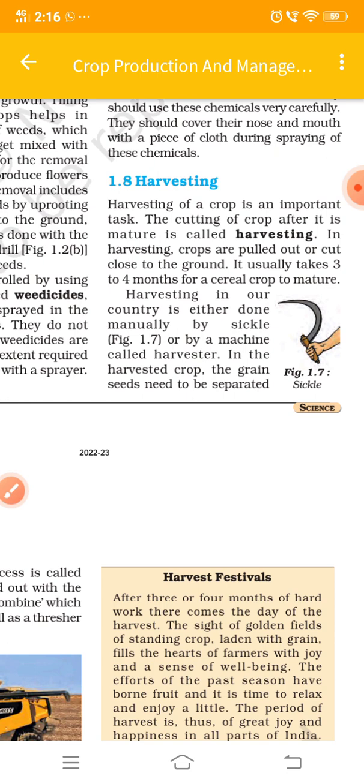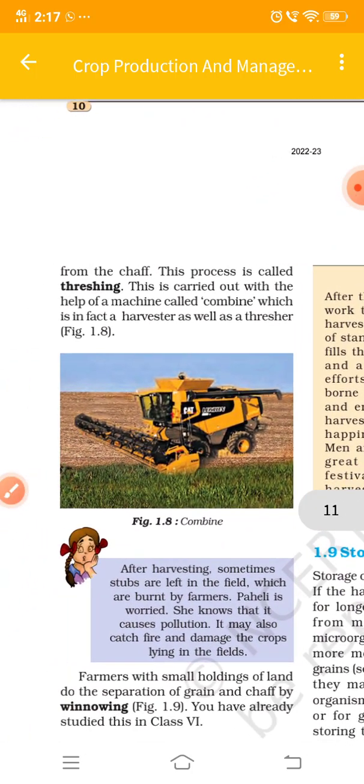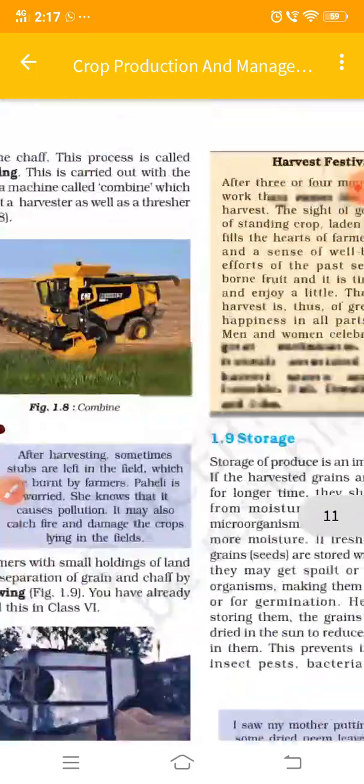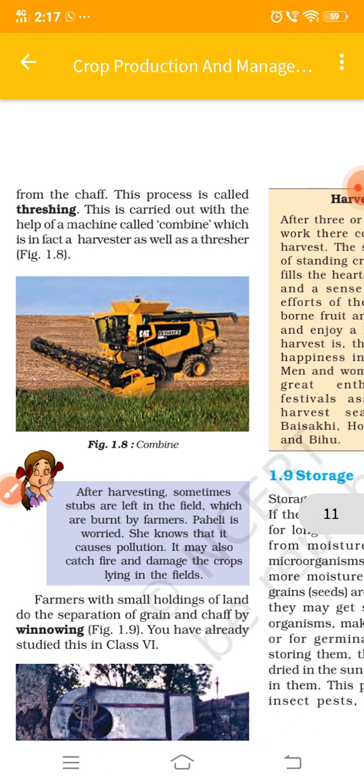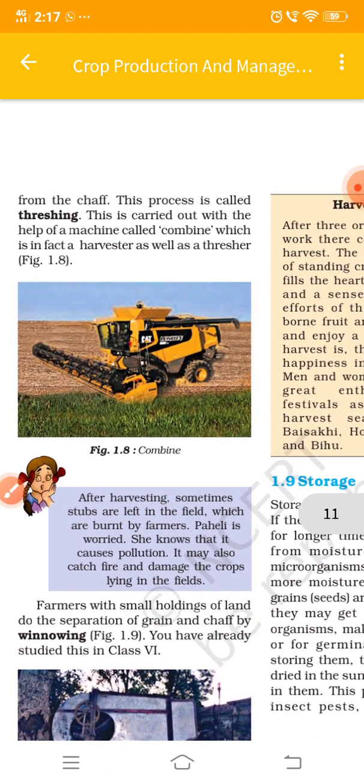Harvesting in our country is done either manually, by sickle, or by a machine called a harvester. In the harvested crop, the grain needs to be separated from the chaff. The process is known as threshing. We learned this in class 5th, I think.